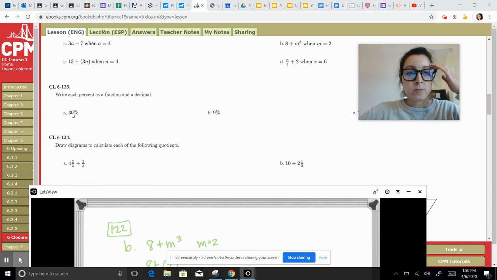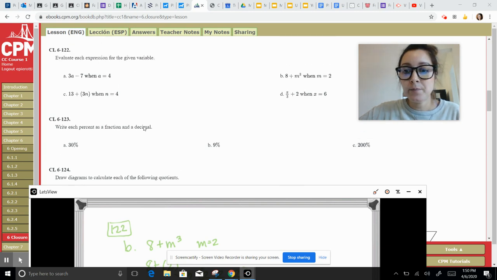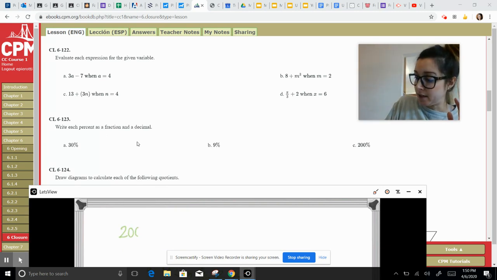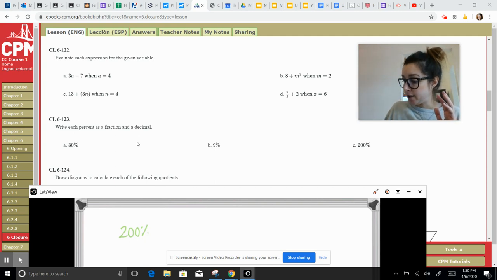Lastly, 6-123, write each percent as a fraction and a decimal. I'm going to pick C because it's over 100%. So let's take a look at C, 200%. So if I write that as a fraction, remember percent means out of 100.